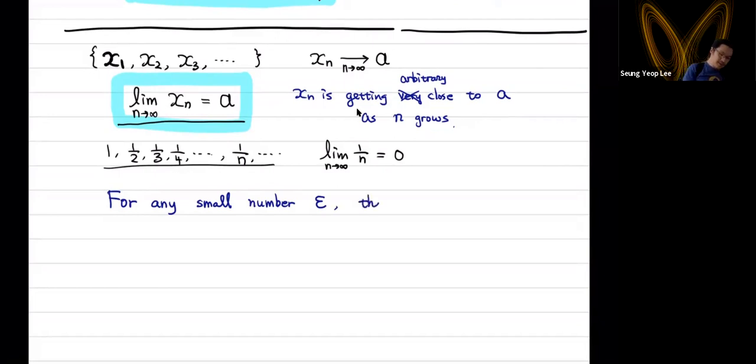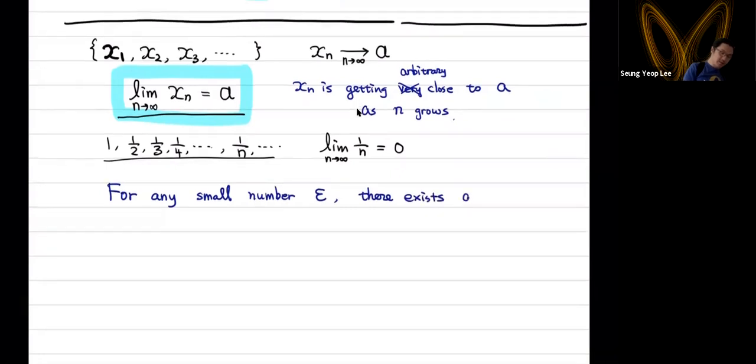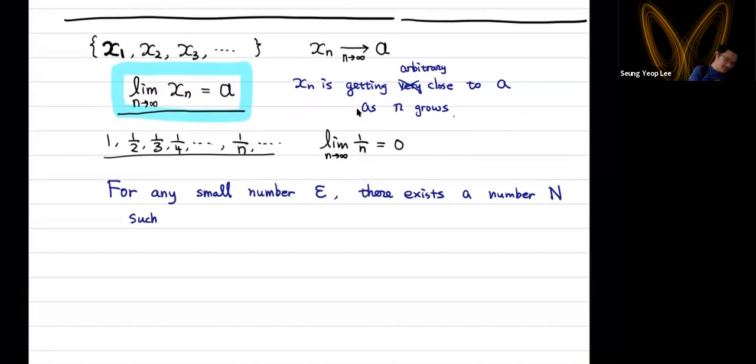There exists, so this is the number that I gave you, let's say capital N, so this is a special number, such that the distance between xn and a is smaller than epsilon.